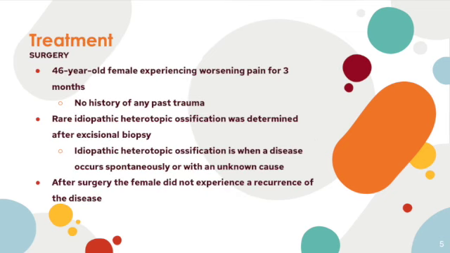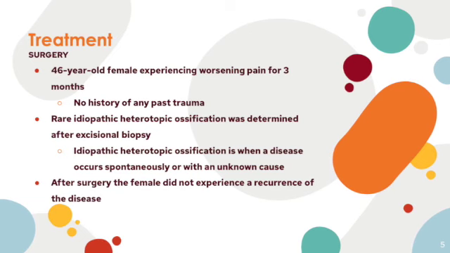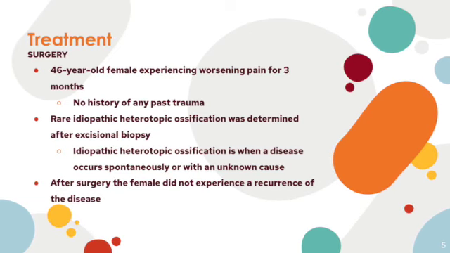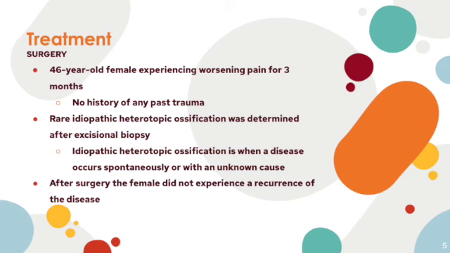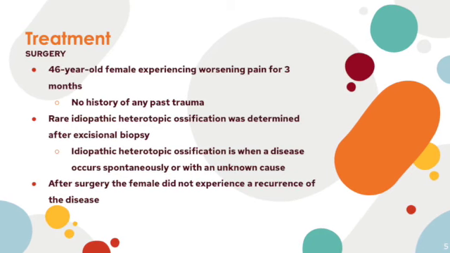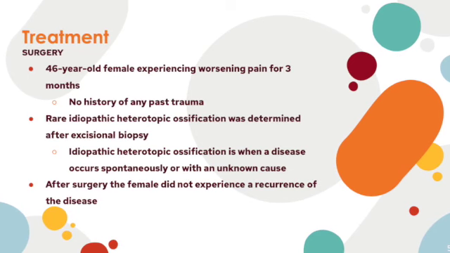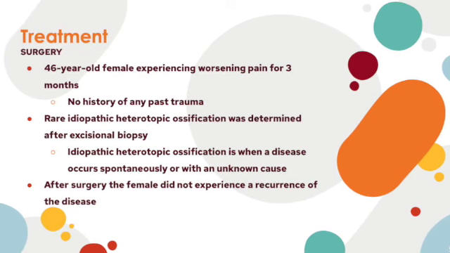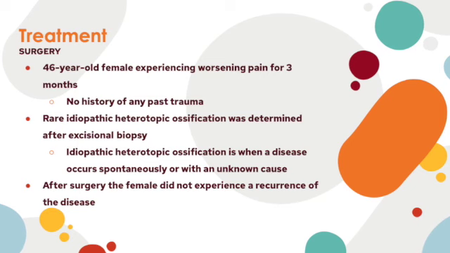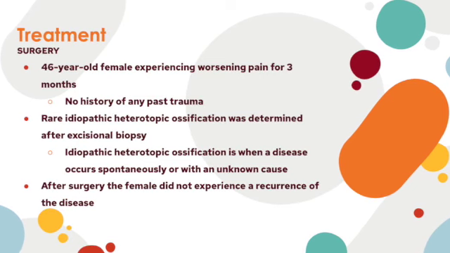Although prevention of the disease is favored, it is not always possible to avoid the occurrence of heterotopic ossification in all patients. The current treatments include surgery, radiation therapy, physical therapy, and recent studies have shown effectiveness in shock therapy. In a case study of a 46-year-old female, there was reported pain and limited range of motion for about 3 months.